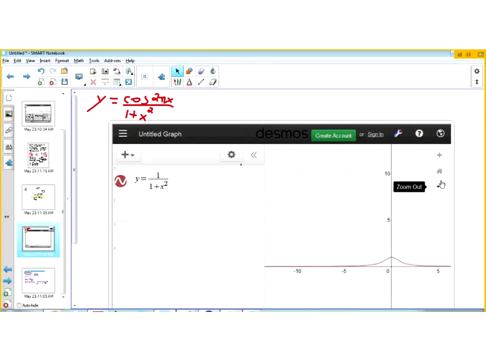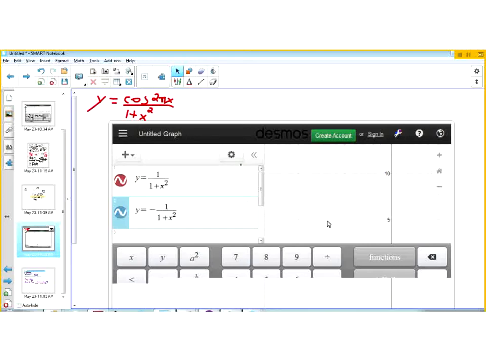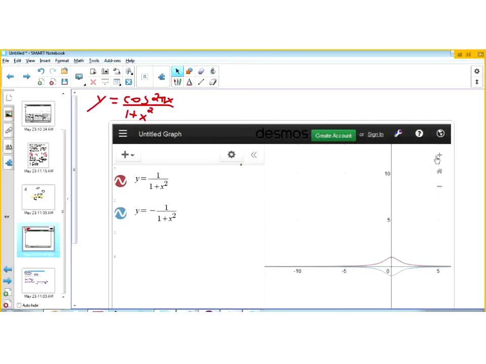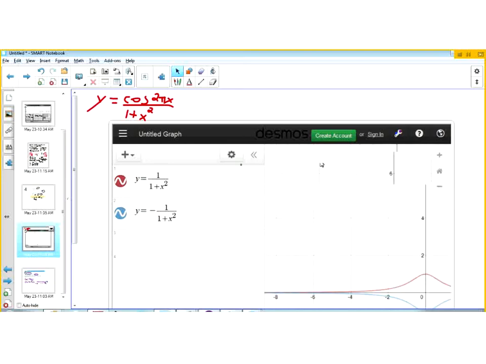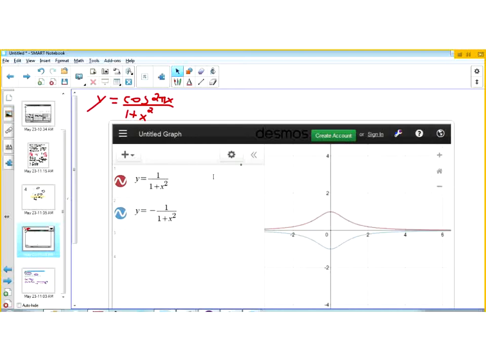Y equals 1 over 1 plus x squared. Then the next thing you want to do, and this is where it gets interesting, is you want to next sketch the graph of the negative of the algebraic component. So you want to sketch the graph of this. All right, and that'll be shown in blue. Okay, so what we have here is what's called the envelope.